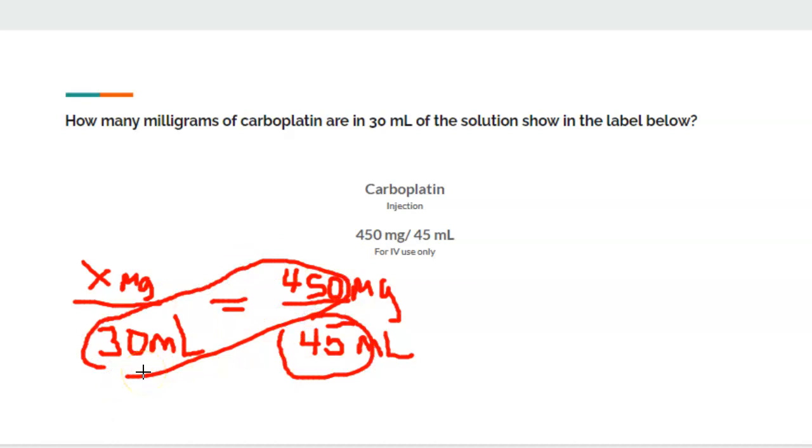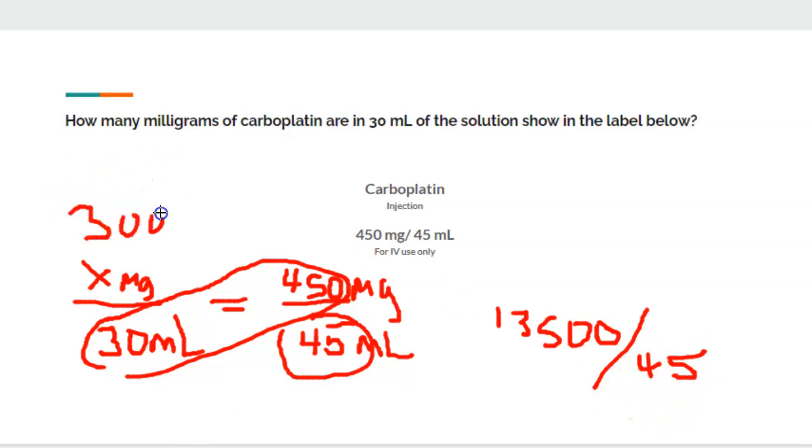So 450 times 30 equals 13500, and then we're going to divide that by 45. And when we divide that by 45, we get 300 milligrams. And that's your answer right there.